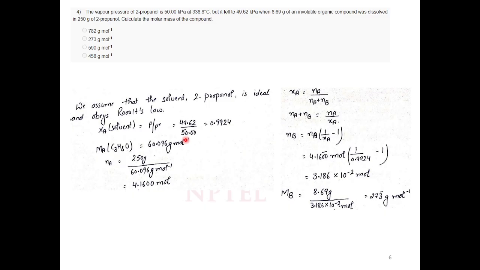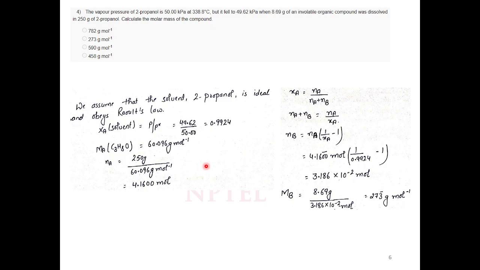MA for C3H8O is 60.0096, and you can get the value of moles.